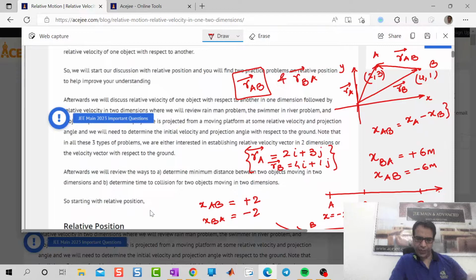If there are three vectors like this, where the tail of one is on the head of the other, and the head of the vector is on the tail of the other vector, and they form a triangle, then the sum of the three vectors will be 0.